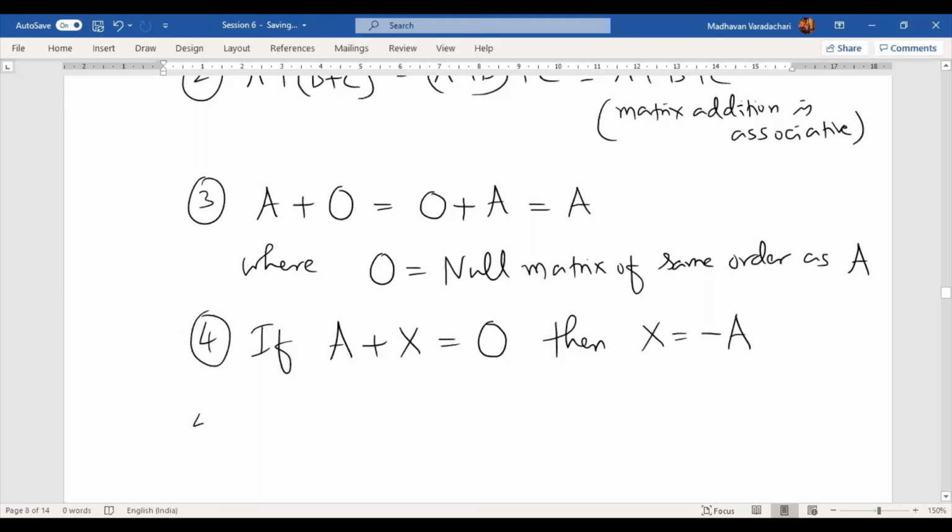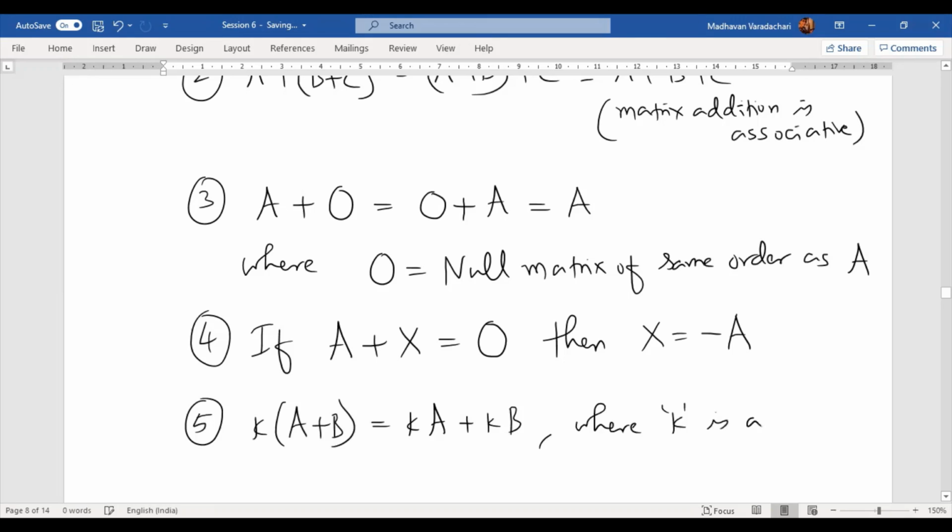Then fifth, small k times (A plus B) will be k times A plus k times B, where small k is a scalar constant.